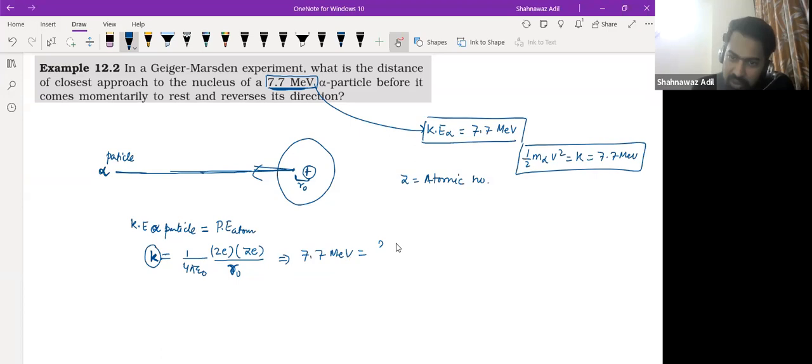This is 2 e square Z and 1 by 4 pi epsilon naught. How much is this value from electric charges?